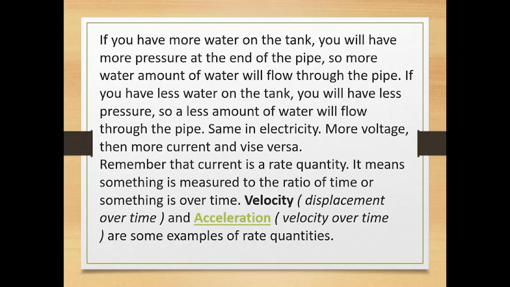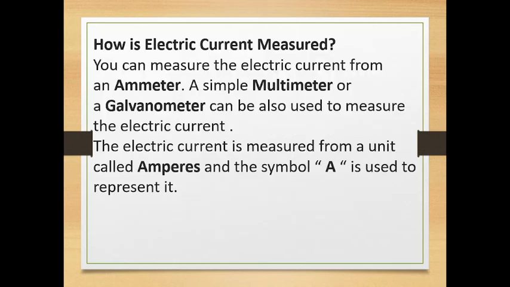More voltage, then more current, and vice versa. Remember that current is a rate quantity. It means something is measured as a ratio over time. Velocity, displacement over time, and acceleration, velocity over time, are some examples of rate quantities.